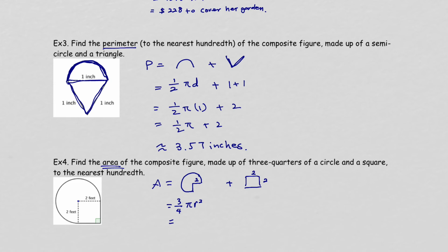And r is 2, so you end up getting 3 over 4 times pi times 2 square, which is 4. When you cancel that, you get 3 pi. And this one, you do 2 times 2, right? So that will be 4.